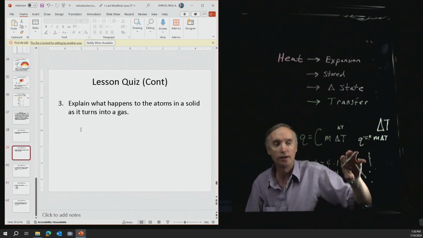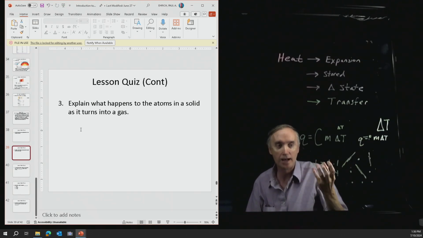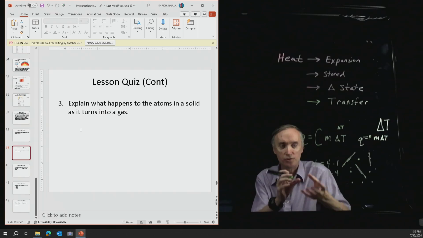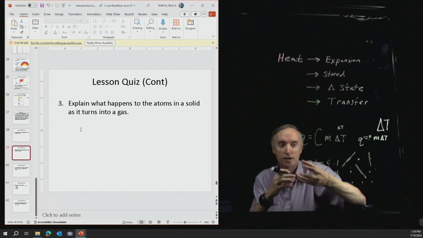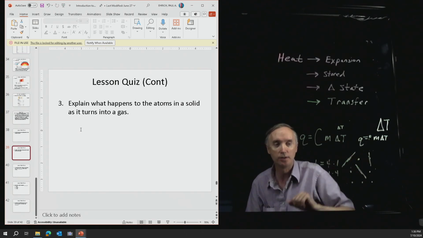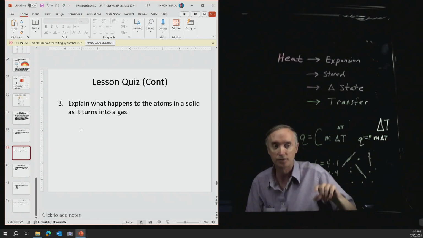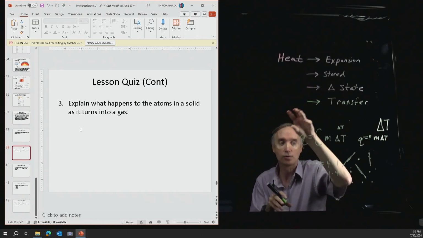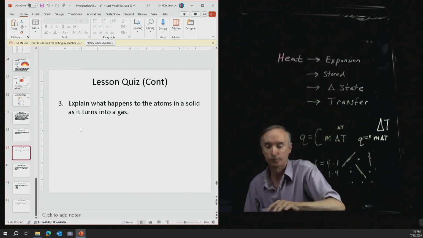And as they break, this solid breaks up into clumps of atoms that are still held together, but they are loosely held together so that they can roll over the tops of each other, and that's going to be a liquid. If we continue to add energy, then all of those bonds break, and then you have a gas. And so the gas molecules or atoms can basically go anywhere that they want.